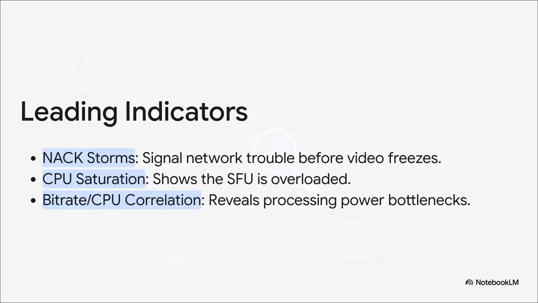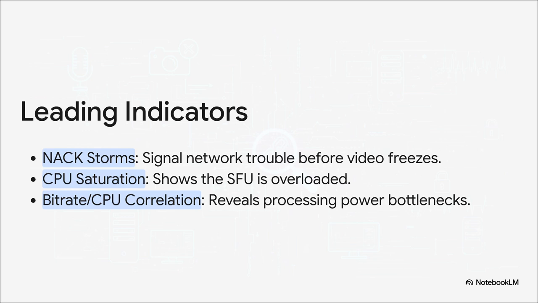The whole game here is to shift from reacting to lagging errors like that angry user ticket to spotting leading indicators. NACK storms tell you about network trouble before the video freezes. High CPU saturation on the SFU tells you it's getting overloaded. And correlating bitrate with CPU usage can show you the exact moment your server's processing power becomes the bottleneck, not the user's Wi-Fi.